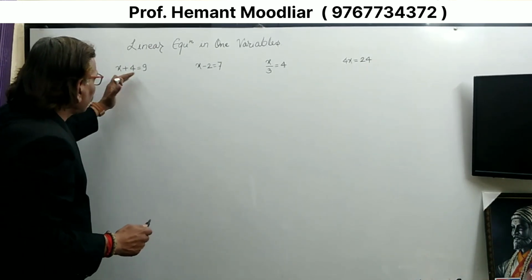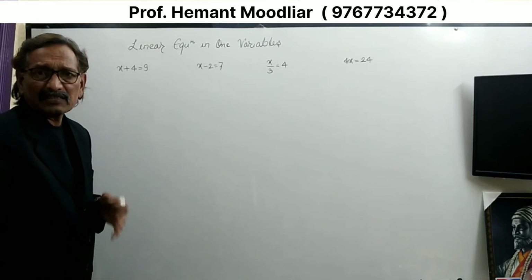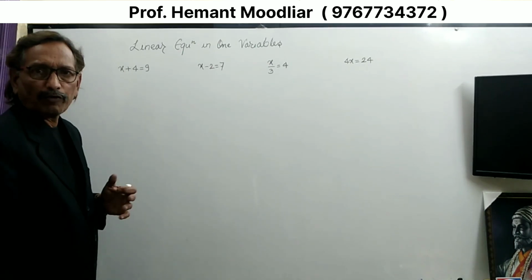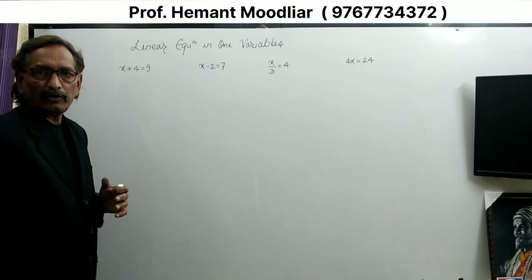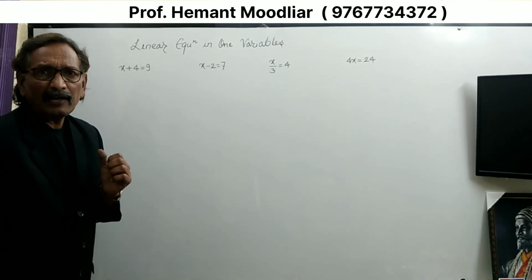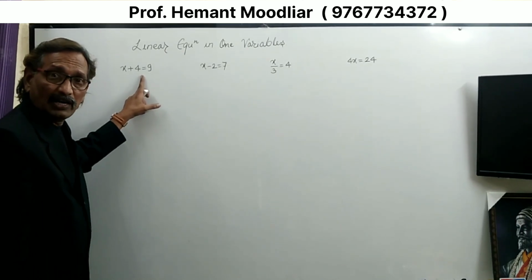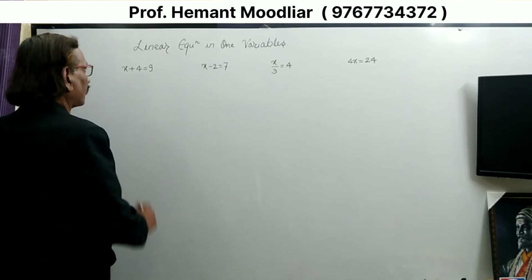I don't want this plus 4 here. In that case, what is the option that you have? You can subtract 4 from that side. But only subtracting on one side will not solve your purpose. So what is to be done? Same operation is to be done. Because equality symbol, you have to perform the same operations on both sides of the equality symbol.